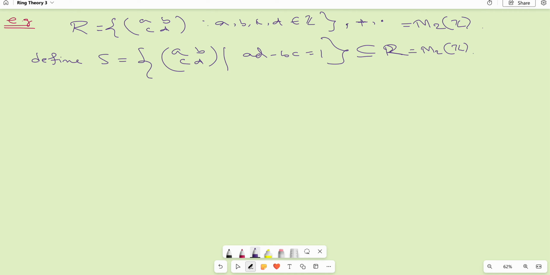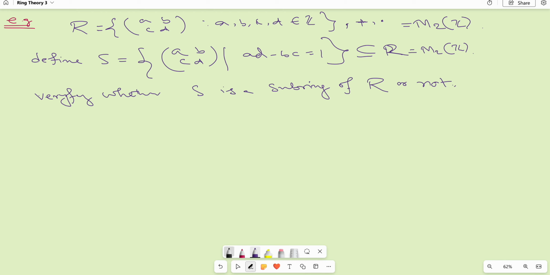So can you please verify whether S is a subring of R or not?